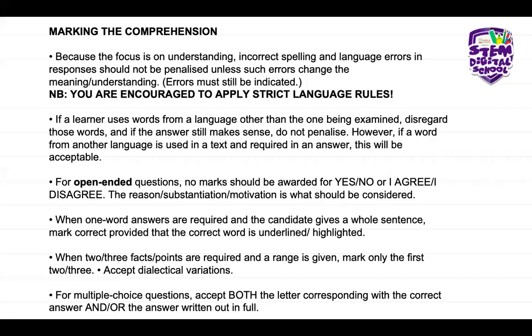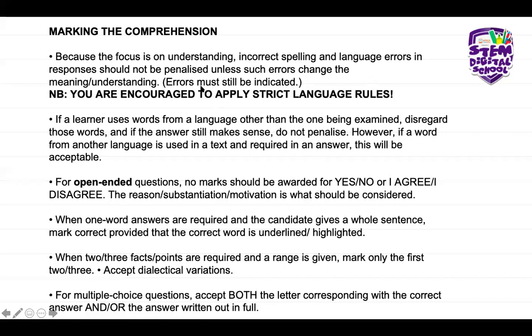Please note the following. When marking the comprehension, teachers, or markers, are faced with a couple of things, but also understand that because the focus is on understanding, incorrect spelling and language errors in responses should not be penalized unless such errors change the meaning or understanding.